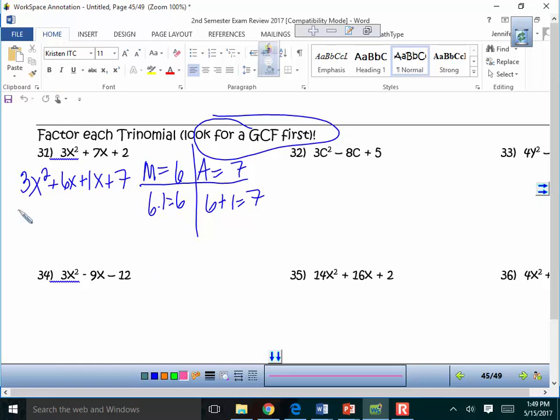So now we factor this by grouping. Oh, you're right, that's supposed to be 2. I don't know where I got the 7. Thank you. Shouldn't it just be a 3 at the beginning, not 3x?